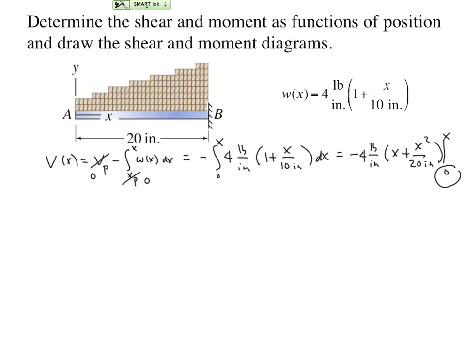But generally, as we move through the beam, xp may not always be 0, and we have to remember to include the evaluation of that lower limit in the integral. For now, this just turns out to be minus 4 pounds per inch times x plus x squared over 20 inches.